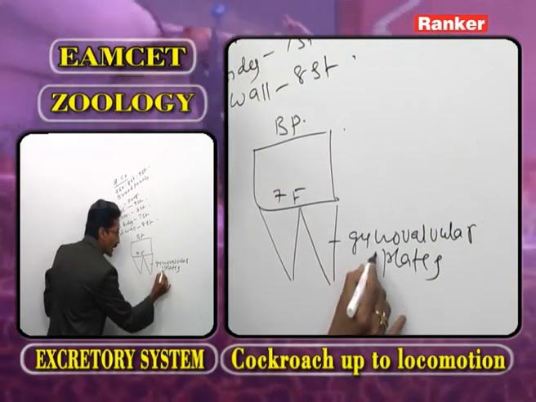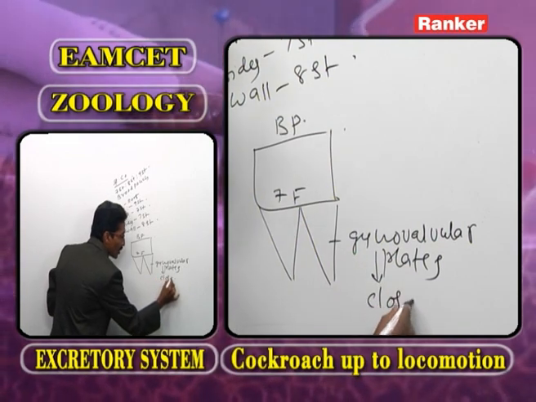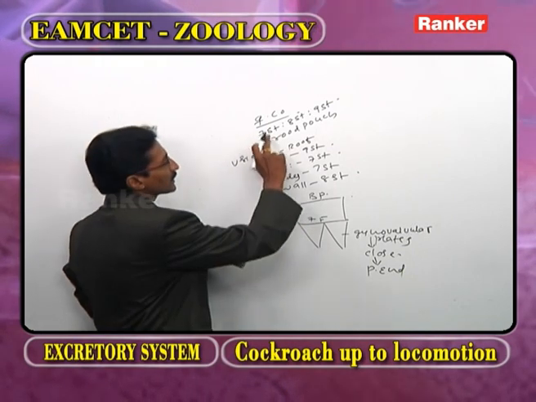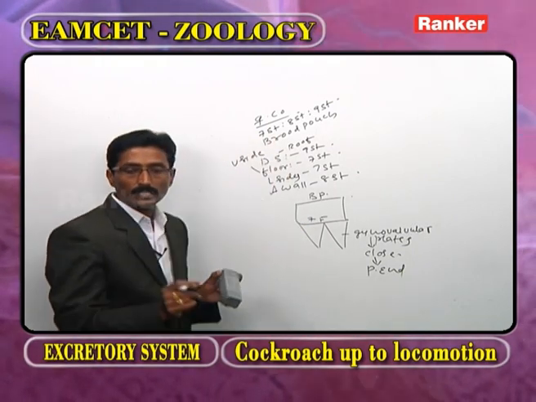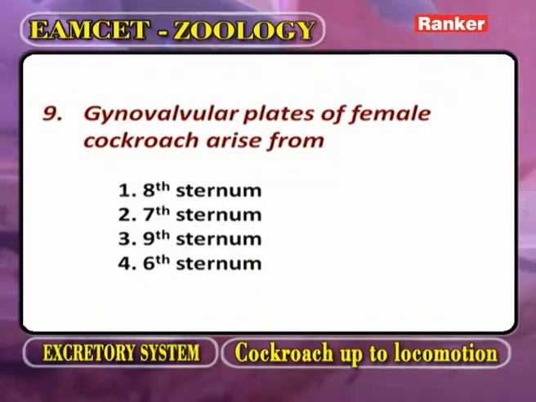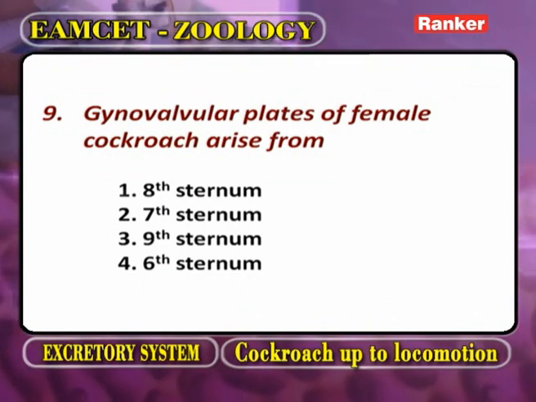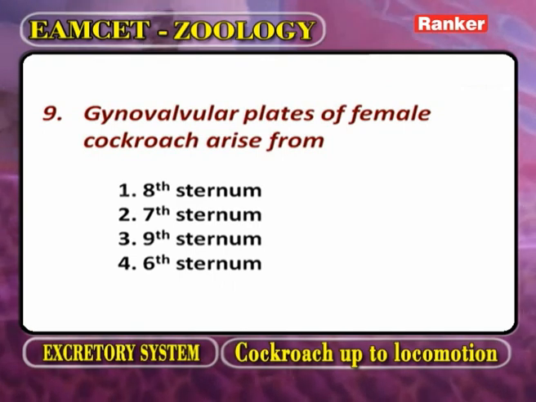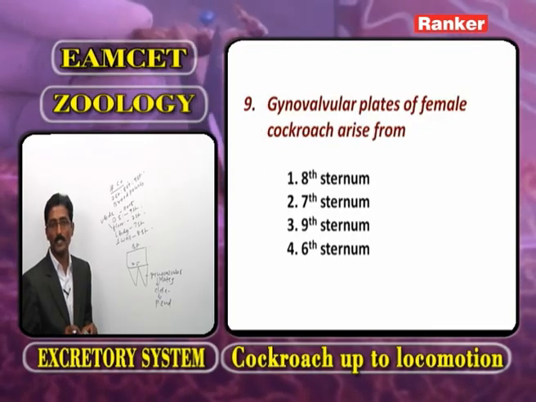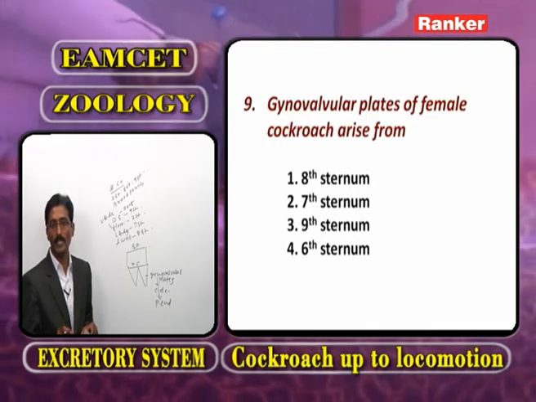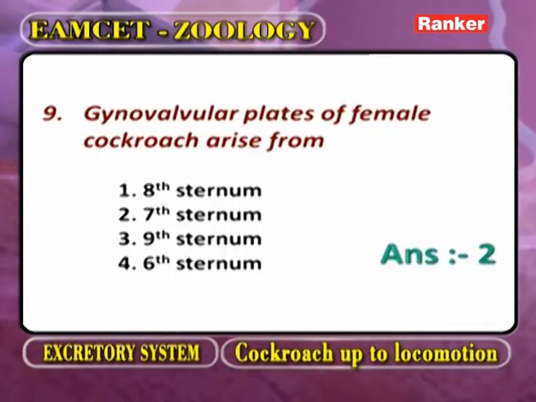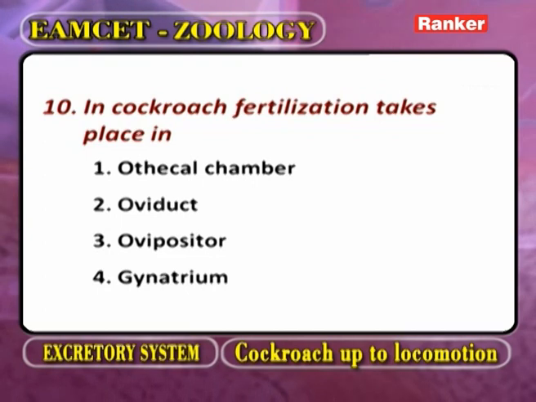Now, the gynovalvular plates close the posterior end of the brood pouch. Now, the question is, gynovalvular plates of female cockroach arise from 7th sternum, 8th sternum, 9th sternum, 6th sternum. Now, what is the correct answer? The 7th sternum.